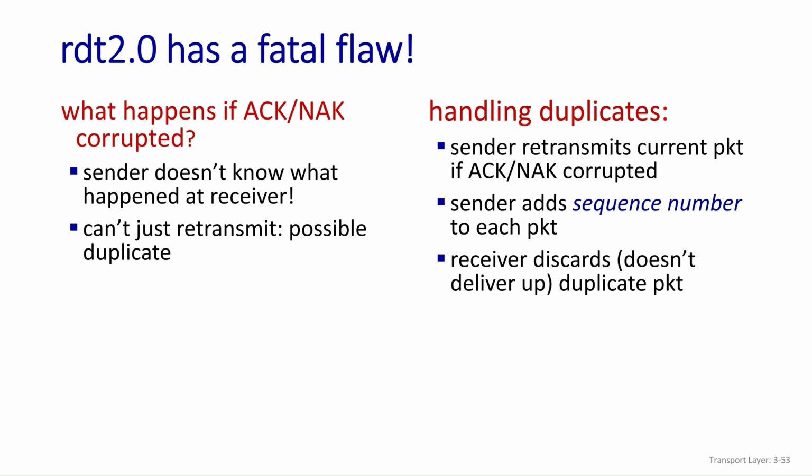Number one, we also need to calculate a checksum for acknowledgement and negative acknowledgement. And in order to avoid the processing of duplicate packets at the receiver, we need to add a sequence number with the packet, so that the receiver can handle duplicates by discarding a duplicate packet if it has already processed one.